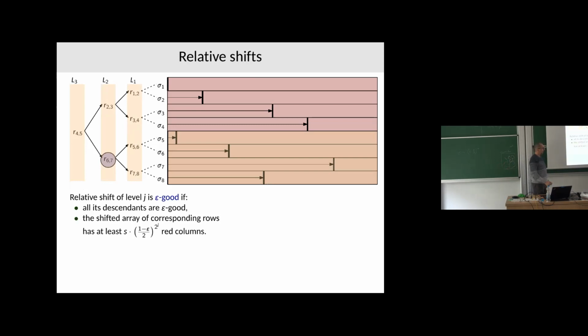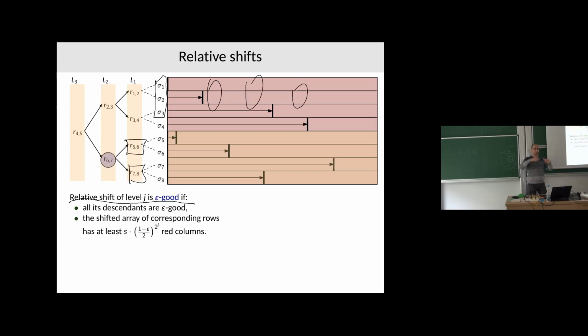So previously it was that shifts 1, 2, 3 was good if there were sufficiently large number of monochromatic columns, right? Now we say that relative shifts of level J is epsilon good if this one is good and this one is good already.